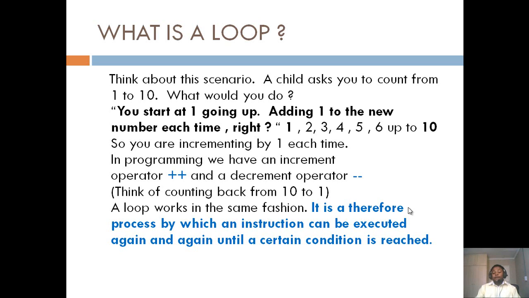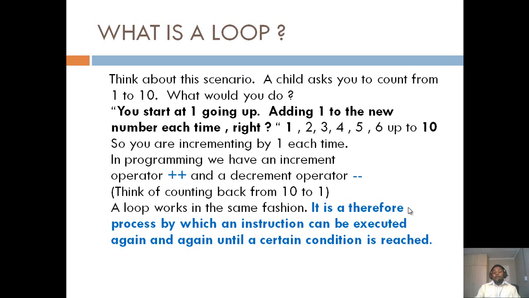For example, you started at 1 and then you moved up to 2, that was 1 plus 1, and then you moved to 3, which was 2 plus 1, and then you went to 4, which is now 3 plus 1, and so you kept adding 1 until you got to 10. And when you got to 10, what did you do? You just stopped.